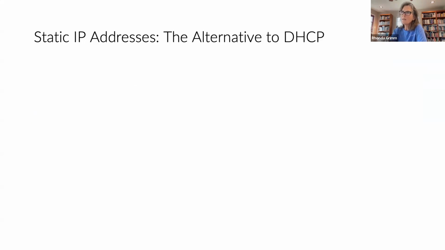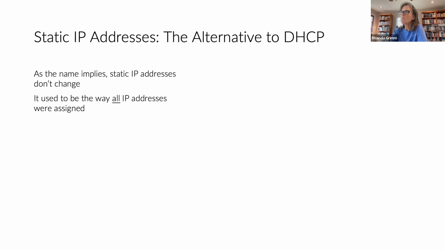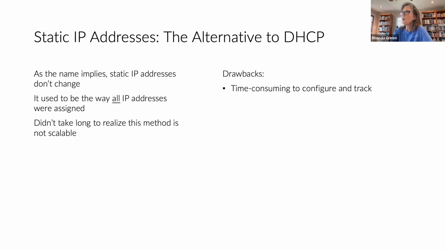So the alternative to DHCP, you've probably heard this before, is static IP addresses. And they're still used, but as the name implies, they don't change. It used to be the way all IP addresses were assigned, which would have been a personal disaster for me. It didn't really take long to realize this is not easy. So you would have to configure and track each device.